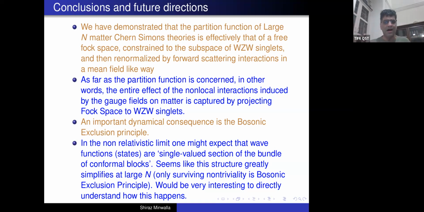as a problem in which the wave functions are not, in mathematical language, what you might want to call a single valued section on the bundle of conformal blocks. This accounts for the fact that these conformal blocks have monodromies.